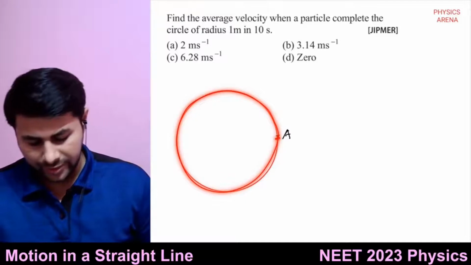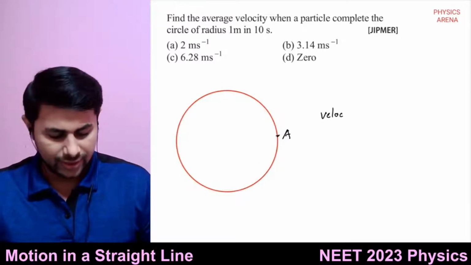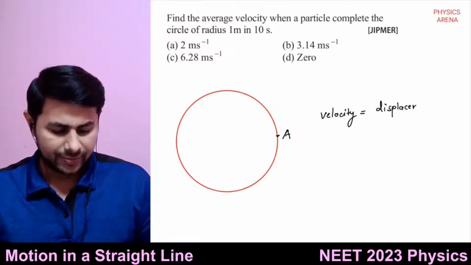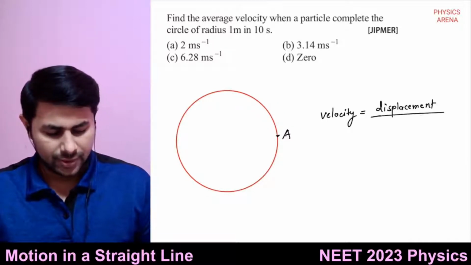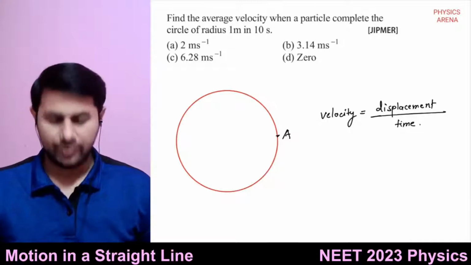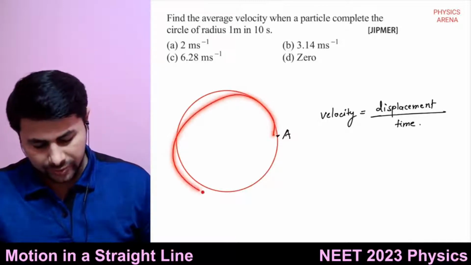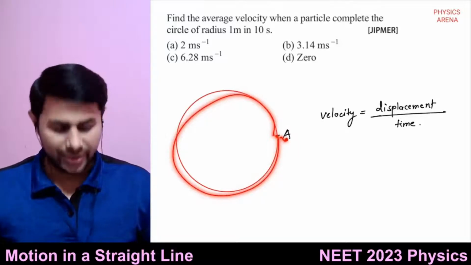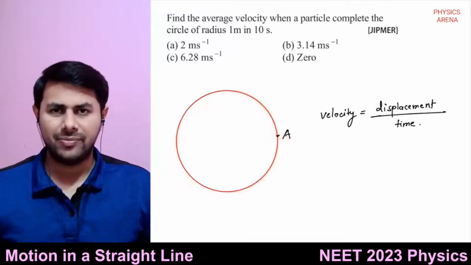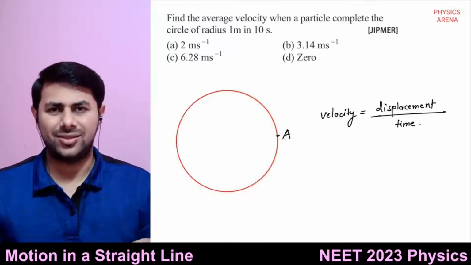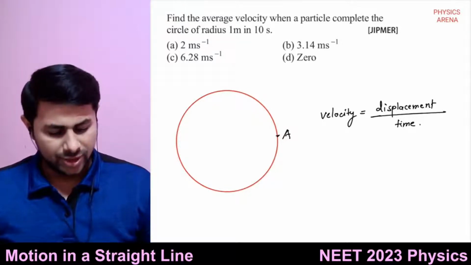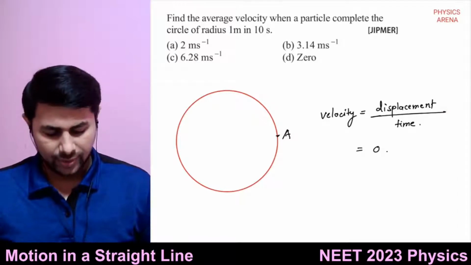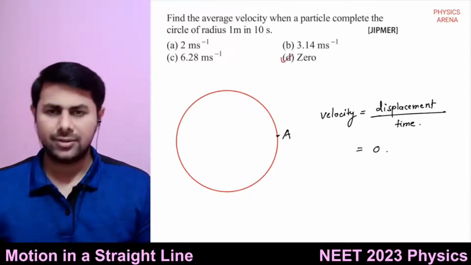Velocity is displacement by time. When it covers one revolution, it comes back to the same point. That means the starting point and the end point are the same, so there is no distance between them. So displacement is 0, and that's why the velocity is 0. So option D is the answer.